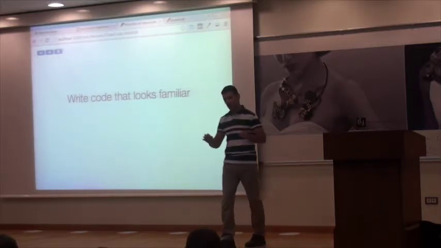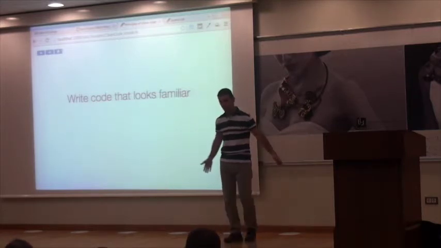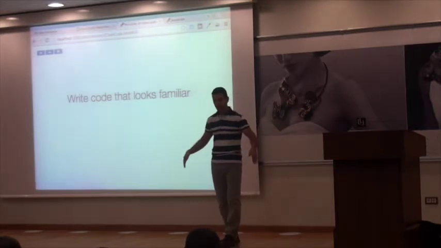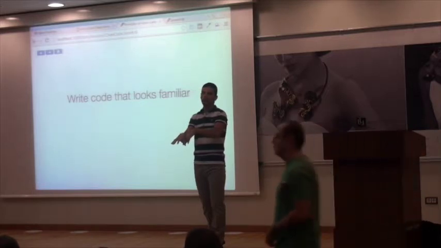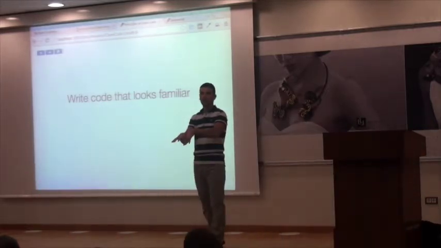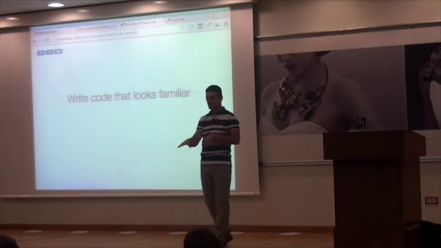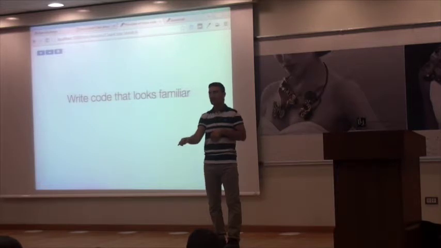Basically, think of it this way: people come to your code knowing other things. Obvious, right? What you want is to have your code fit in with the things that they know, as much as possible. Don't go counter to what they know. An example of this is, suppose you called something a stack, but the stack did not have push and pop, which is what a stack should have, but instead had add and remove.